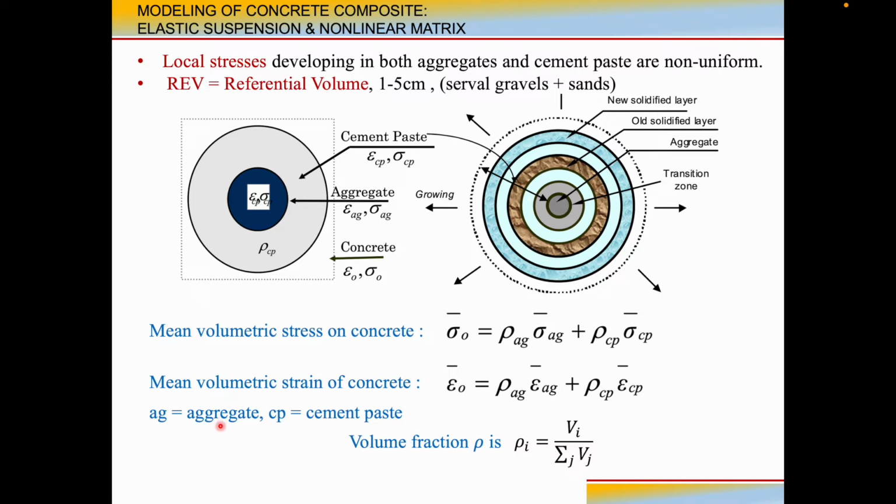Here Ag means aggregates and Cp means cement paste. Volume fraction rho is the ratio defined by the volume of a material divided by the referential volume.